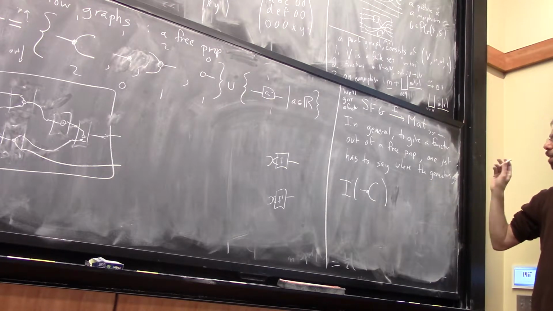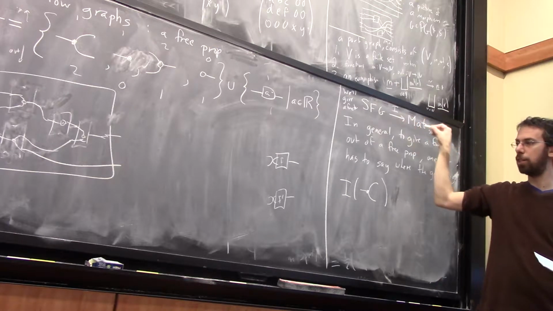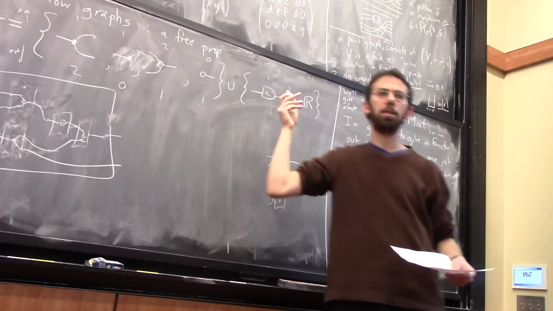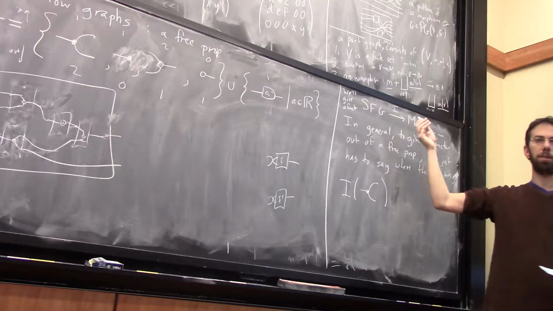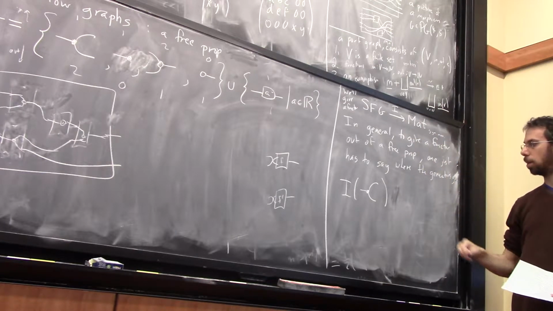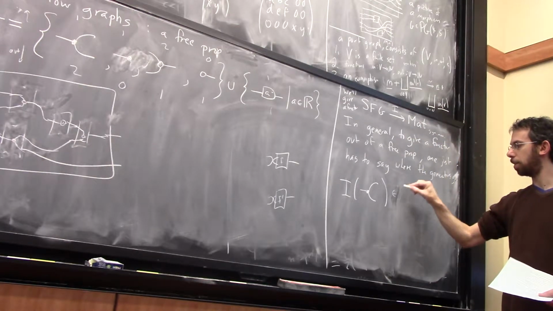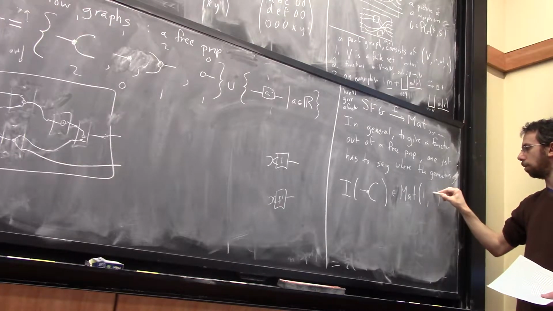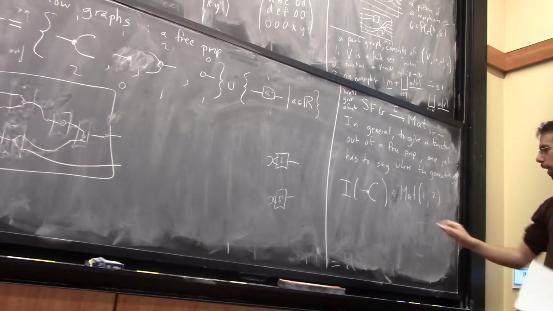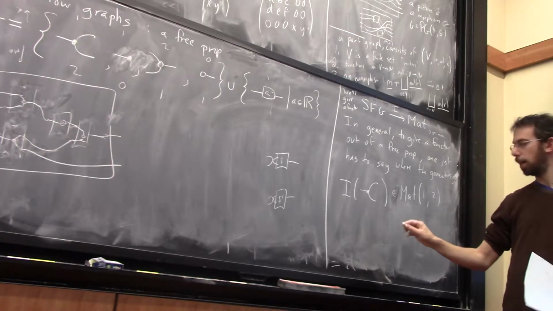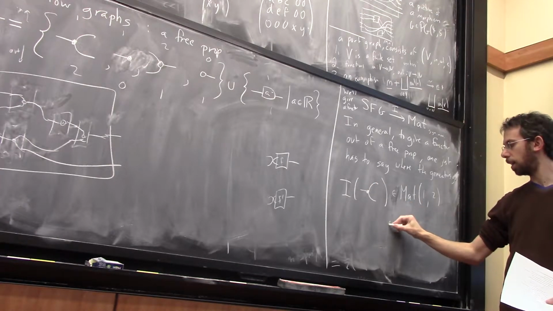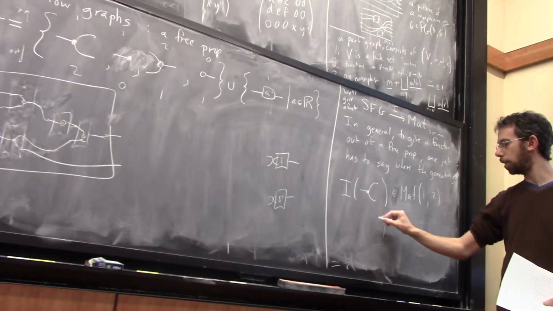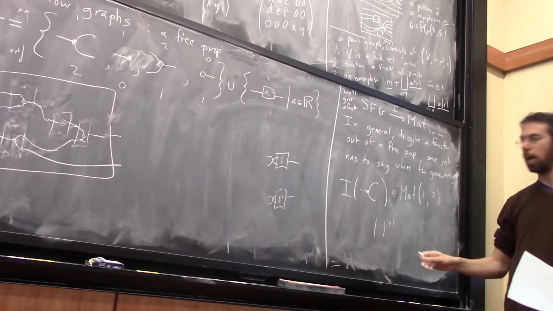Big I is my functor from an SFG, of which these are the generators, to the category of matrices. It's a matrix. What sort of matrix? 1 by 2. What 1 by 2 matrix should it be? It should be the one that takes in an A, and when you're done, gives you A comma A.